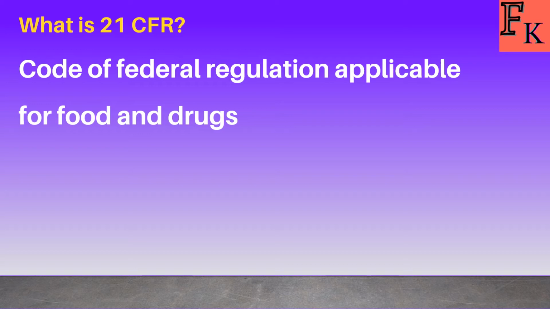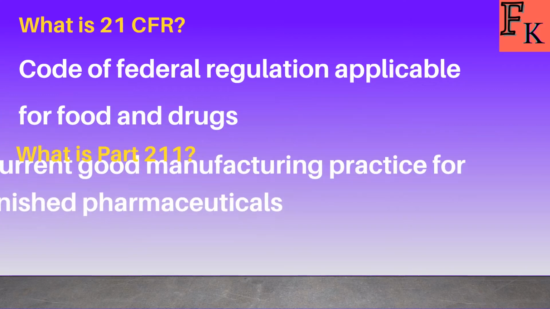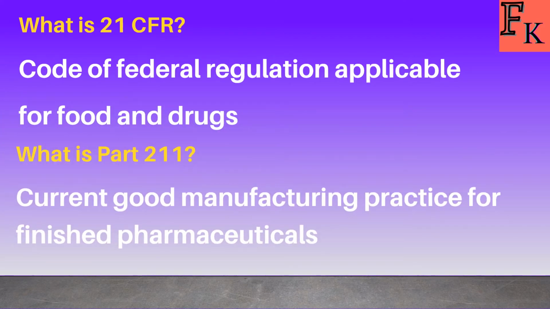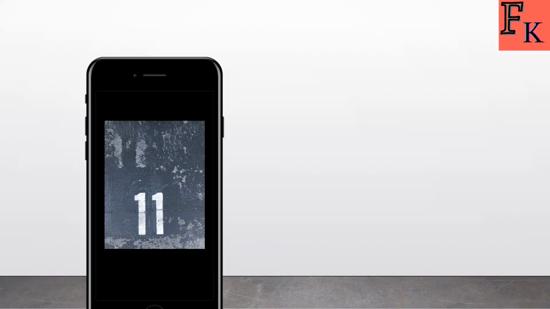Now let's move to part 211. So what is part 211? Part 211 is applicable for current good manufacturing practice for finished pharmaceuticals. As you are aware, parts are divided into subparts and sections.